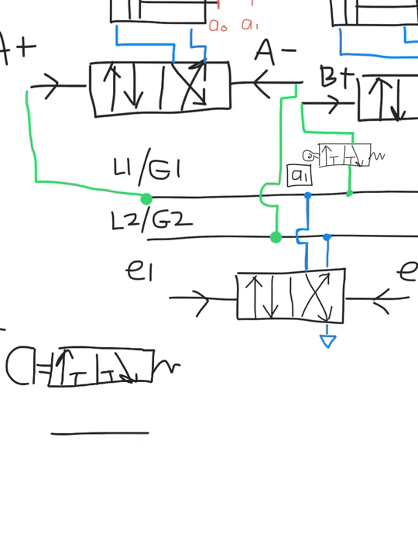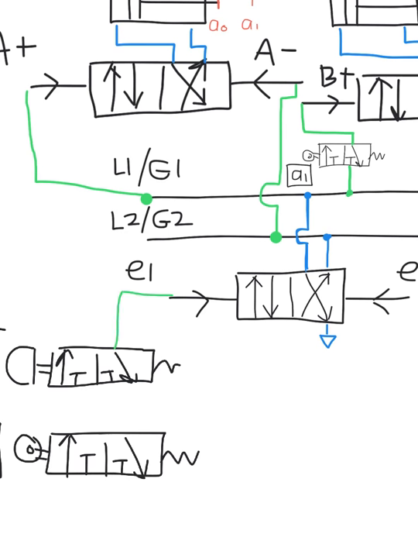Then it is connected to B node, again using a roller. The connection line should be like this: start E1, start B node, and B node will connect with G2. Let's put a dot there.